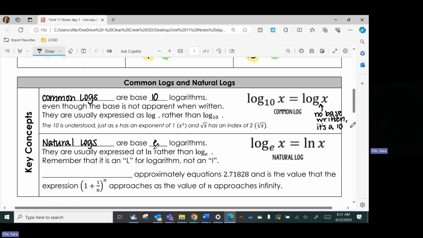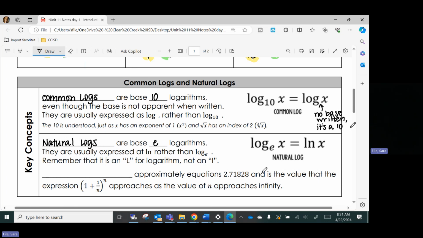We use ln rather than log base e. When we write that, it looks like this, same thing. You're not going to write the base. It's going to be understood that it's a base e because it's written as ln.